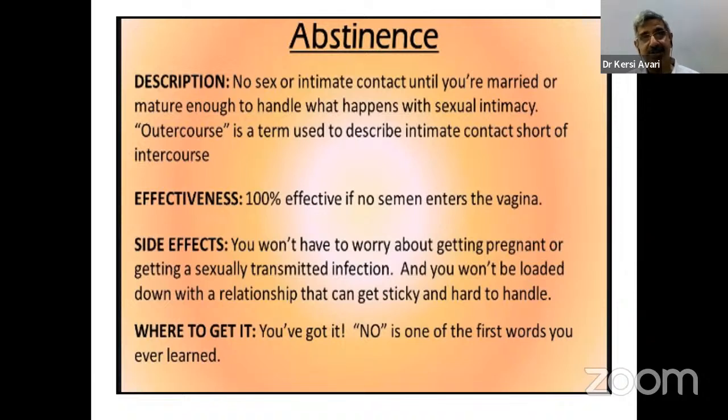Effectiveness is 100% because no sperm is going to enter the vagina. You don't have to worry about STDs either. But you have to be gutsy in just saying the two-letter word no. If that is achieved, that's a perfect thing.